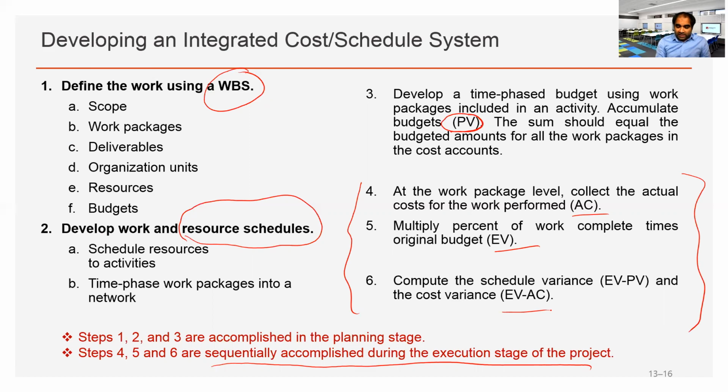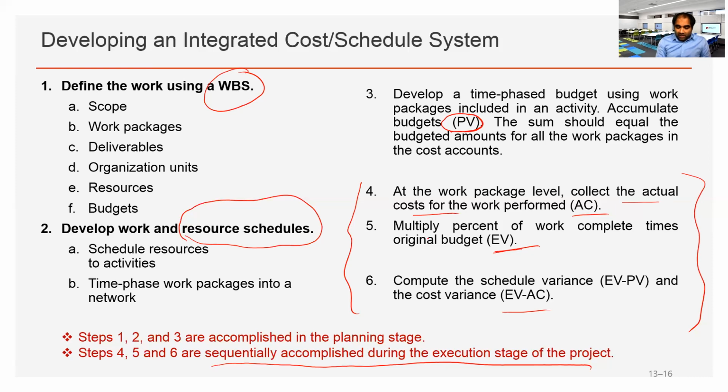What is 4? 4 is actual cost. Collect the actual cost for the project for the work performed. Simply, receive all the invoices and check the numbers. What is the actual cost of the overall work that has been done so far?